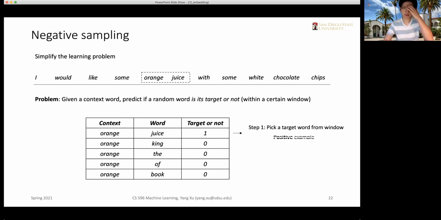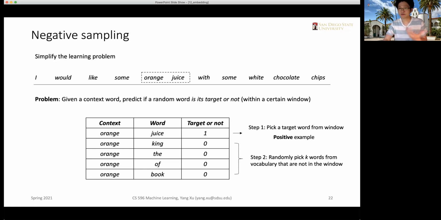So as you can see, the step is to first pick some target word from the window, and that target word must have the positive label, because we deliberately pick some word from the window, so that they are the positive examples. But also we will randomly pick some words, for example K words from the vocabulary, that are not within the window, right?